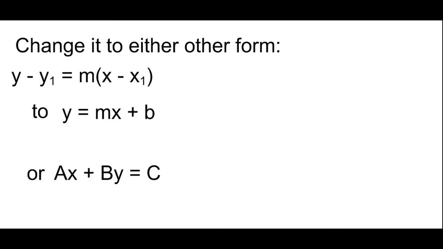So to change from point slope form into slope intercept form, I'm going to use the distributive property. Okay, so I'll do the distributive property here, and then I'm going to add whatever the y1 value was. So let's give ourselves one, okay? Let's do y plus 3 is equal to 2 times x minus 4.